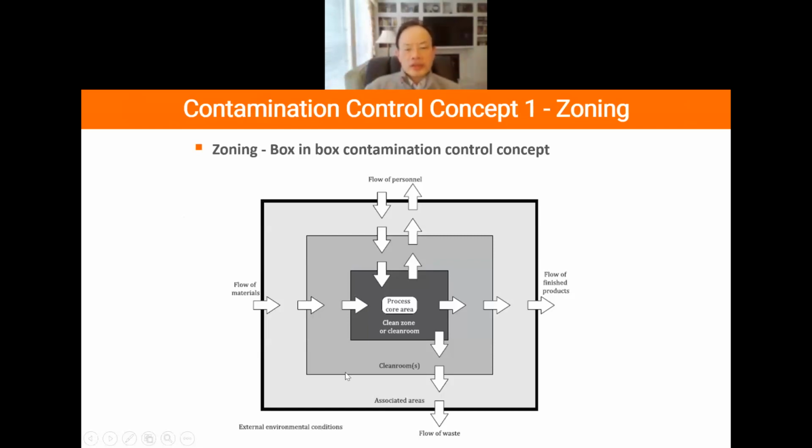The outer zone will be less clean, and then layers further out could even be non-classified area. So you have a flow of material, flow of product, flow of waste, and flow of personnel in and out. All of this needs to be indicated on the design documents.